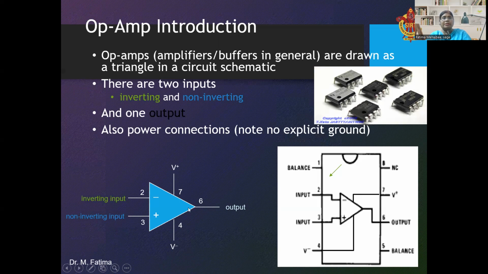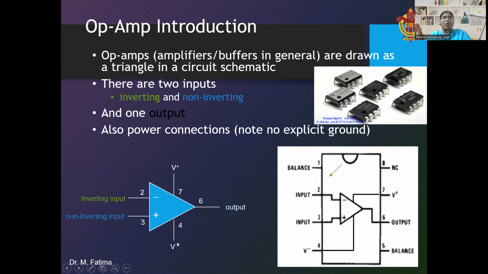The operational amplifier is symbolized like this, a triangle. This negative and positive are drawn here; the negative terminal is called the inverting input, pin number 2, and the positive terminal is called the non-inverting input, pin number 3. On pin number 4, V minus is connected, on pin number 7, V plus is connected, and from pin number 6, output is taken.